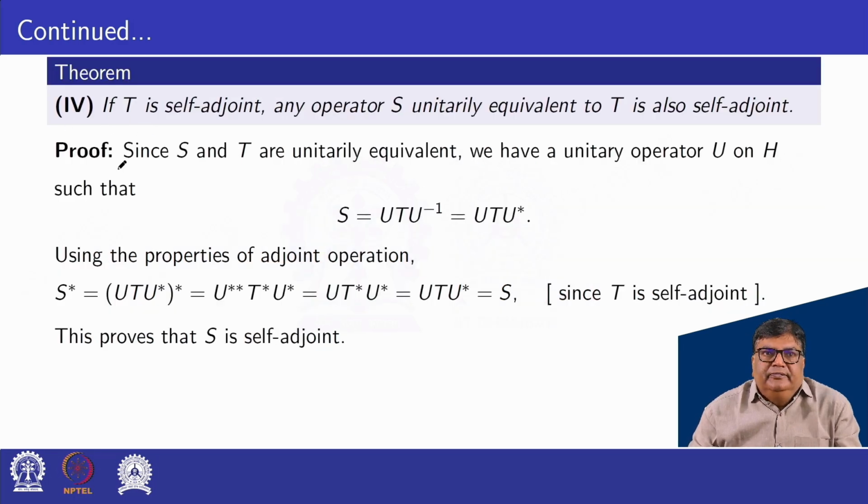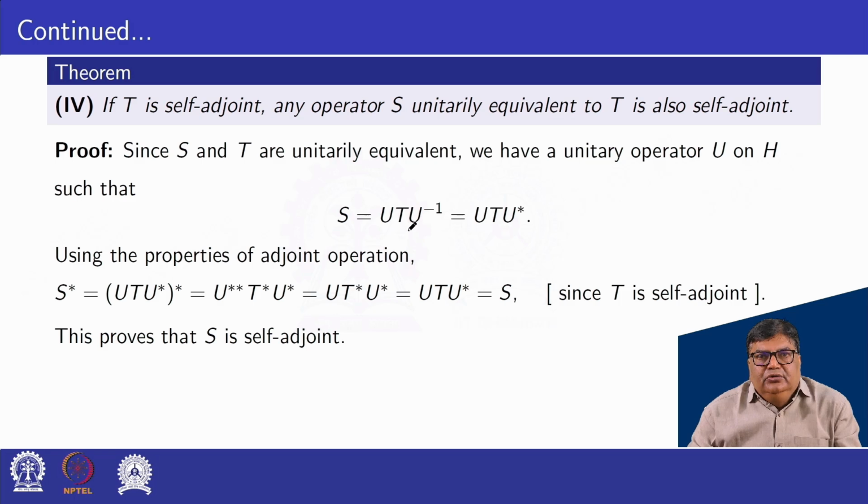Theorem. If T is self-adjoint, any operator S unitarily equivalent to T is also self-adjoint. Since S and T are unitarily equivalent, we have a unitary operator U on H such that S is equal to U T U inverse as per the definition.